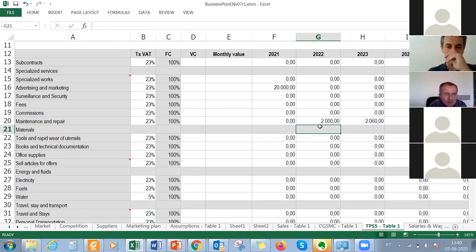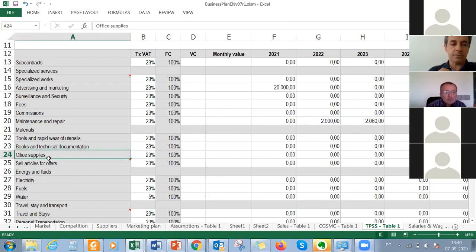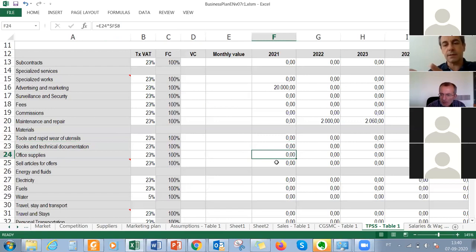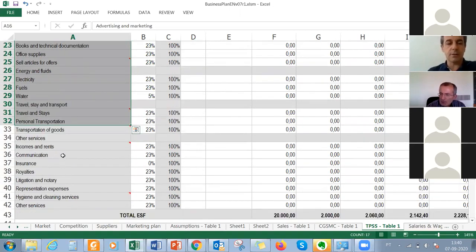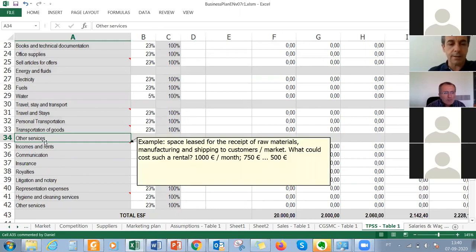Decisions like that. Tools, documentation, supplies, office supplies: maybe this is not relevant, so I leave that at 0. So we have to decide. This list is not a full list of every kind of service. Actually, there is always something like other services.